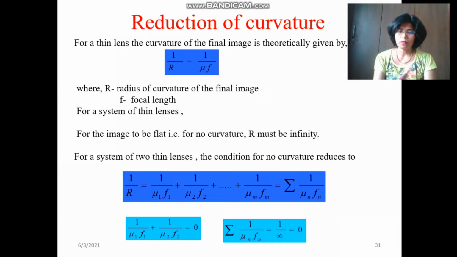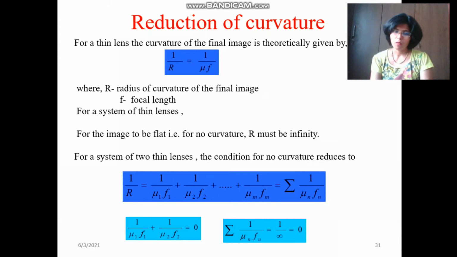Now for a system of thin lenses, the curvature of the final image is theoretically given by 1 upon r is equal to 1 upon mu1 f1 plus 1 upon mu2 f2 up to 1 upon mu m fm, which is equal to the summation of 1 upon mu n fn. For the image to be flat, that is no more curvature, r must be infinity, correct? So the summation of 1 upon mu n fn should be equal to 1 upon infinity, which is equal to 0.